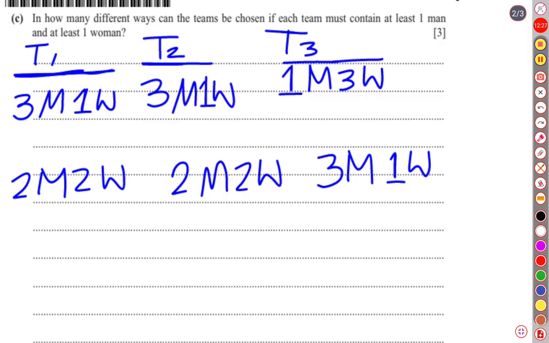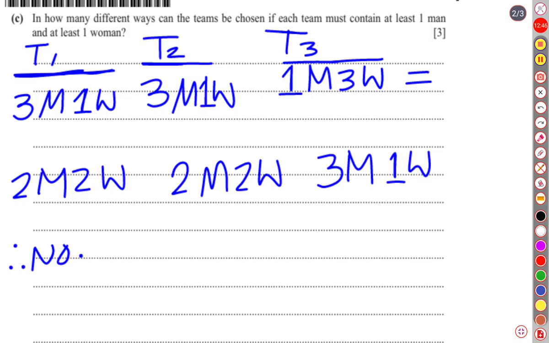Now we are going to write the number of selections. Look, first, how many men are there? There are 7 men.